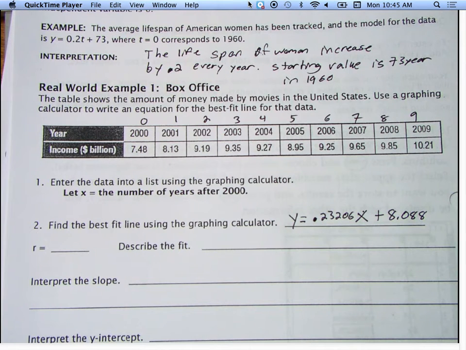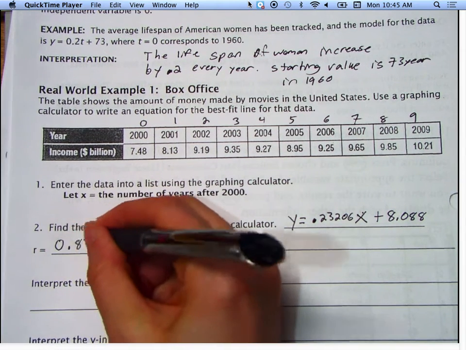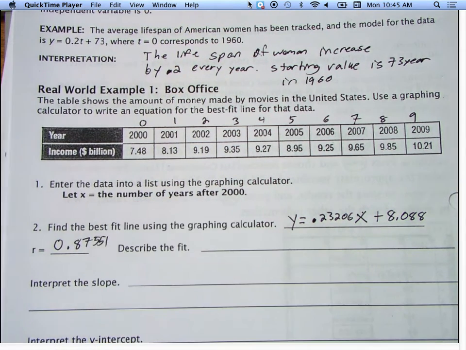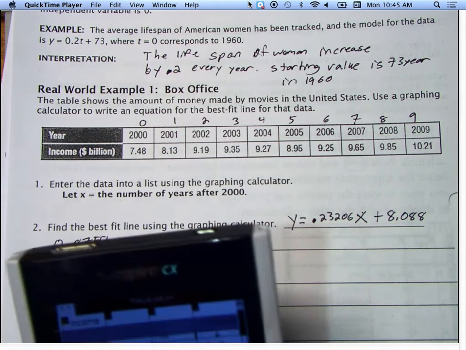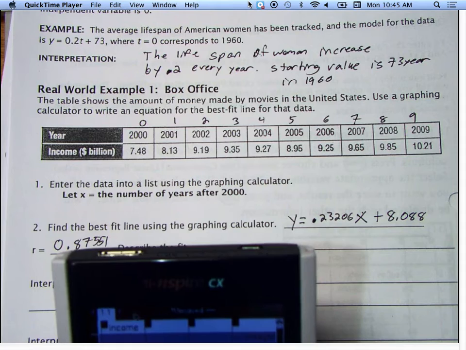Okay? And then we can go down and we can see our r is 0.87551. Okay, now that we have this information, I say let's create a new page.